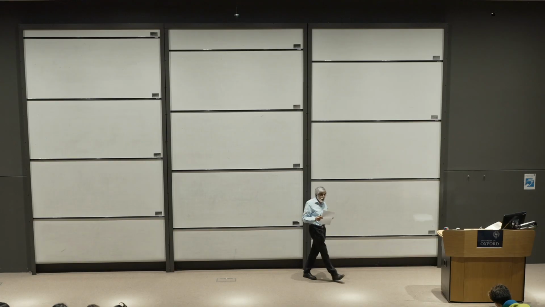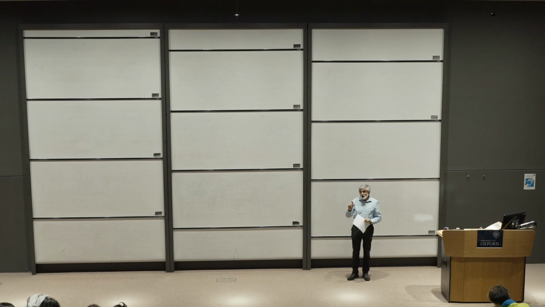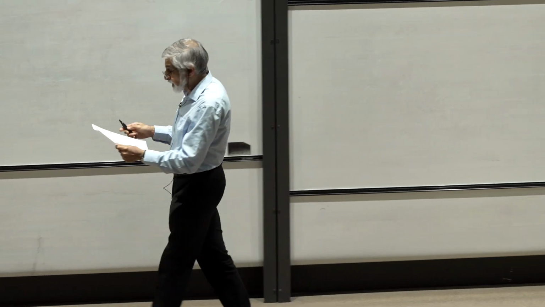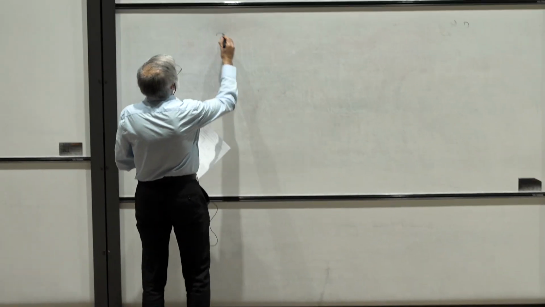Last time we decided to talk about two species, and there were three types of interaction: predator-prey, competition, and mutualism. We did predator-prey last time. So today we will do competition.